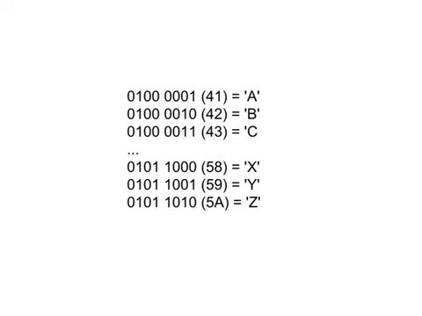Remember, these values are all hexadecimal. So B is 42, C is 43, and finally you go all the way through to Z.